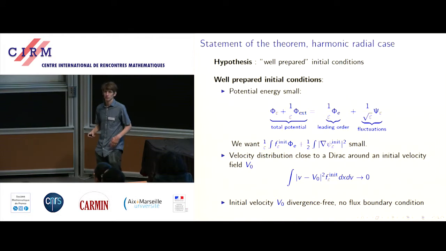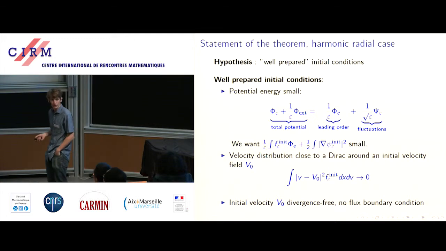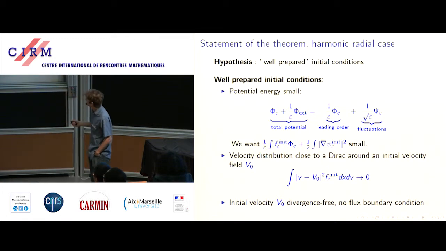So it means that really we want to start close to the limit density. And we want to be close to a monokinetic distribution of the initial distribution. So V0 will be our initial velocity distribution, and we want to be close to this. This is the velocity dispersion around V0.